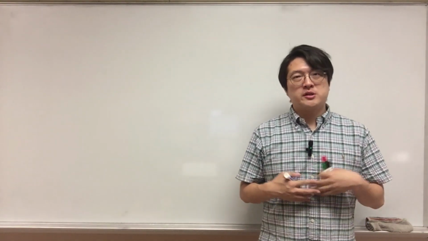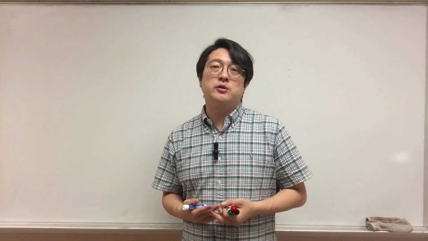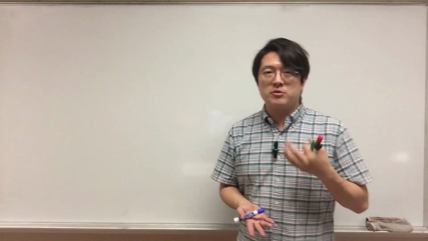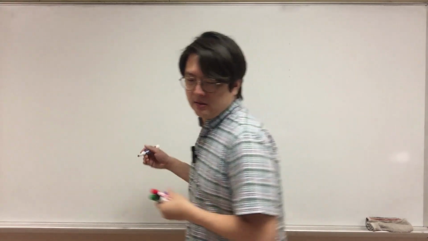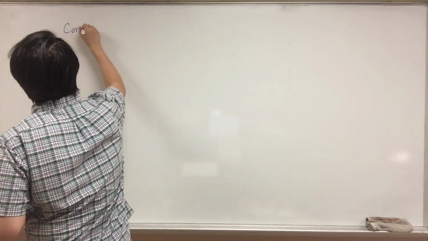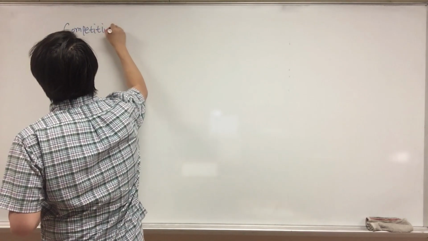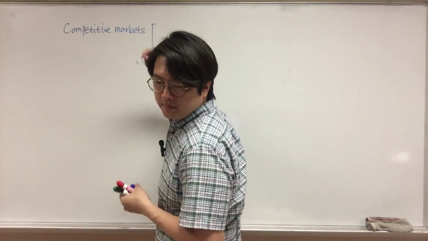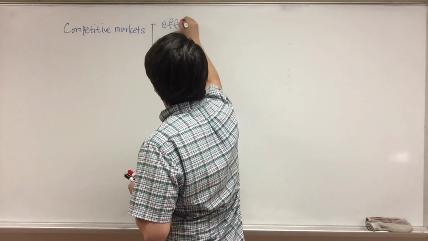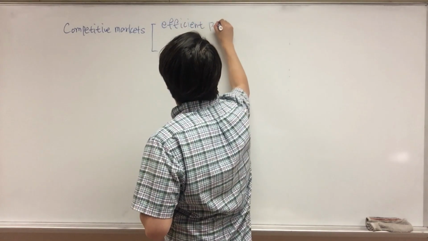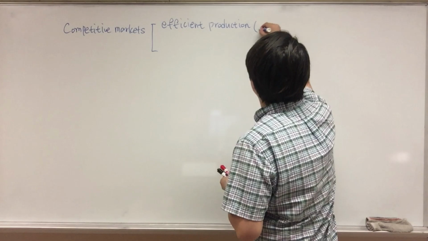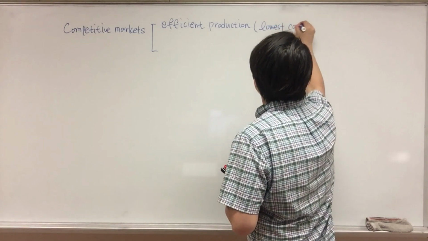So in competitive markets, through efficient production, suppliers can supply at the lowest cost, and through efficient distribution, consumers can get the highest profit. So in a competitive market, there is efficient production at the lowest cost.